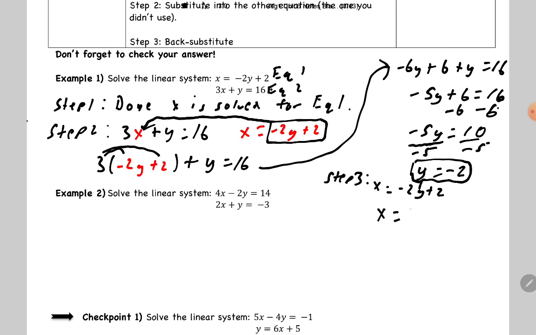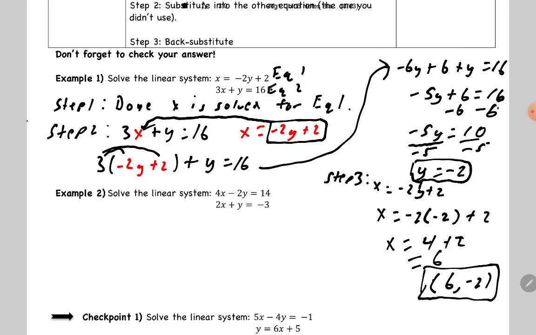So x equals negative 2 times negative 2 plus 2. So x equals negative 2 times negative 2 is positive 4, plus 2, so 6. So my answer is 6 comma negative 2. It's always an ordered pair with a system of linear equations.